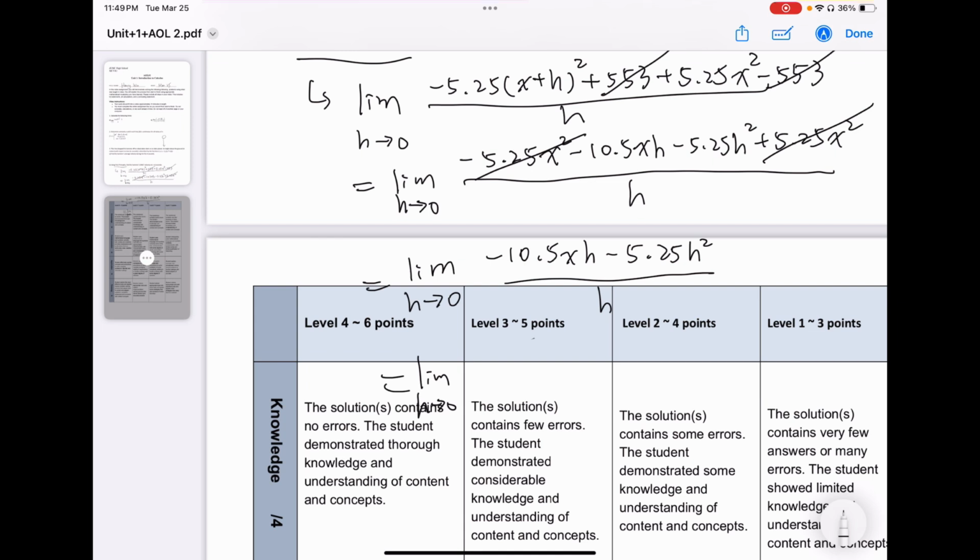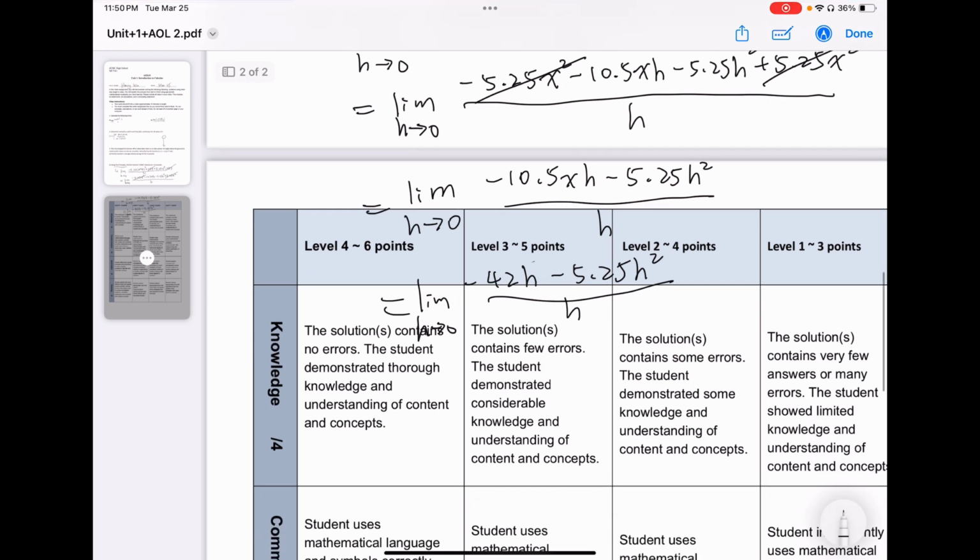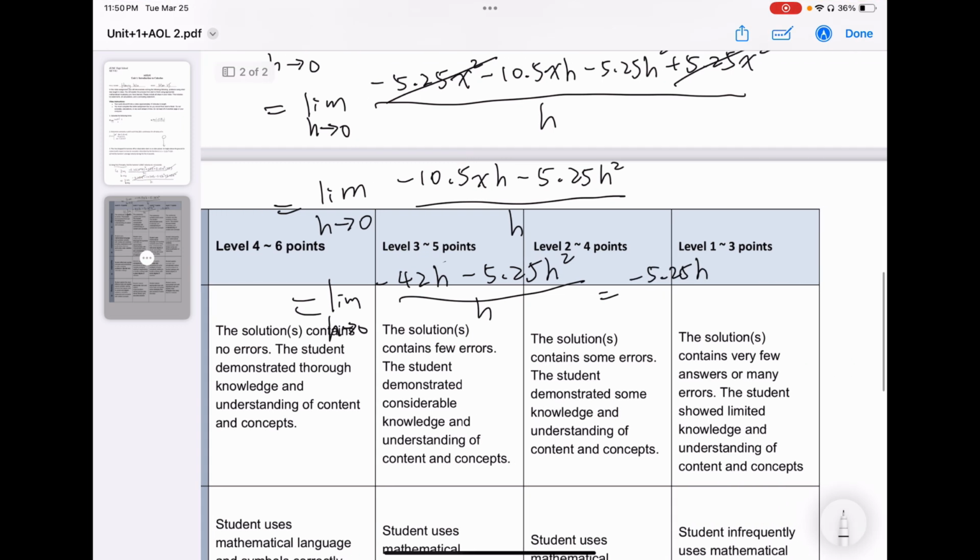So we just plug in x equals 4 right here, so it's minus 5.25 h cubed over h, and equals, we're just going to factor it, so it's minus 5.25 h out here, and then h minus what's that, 8.